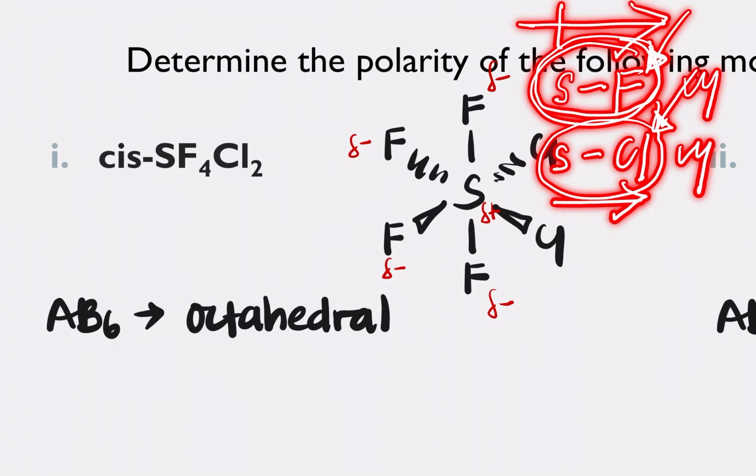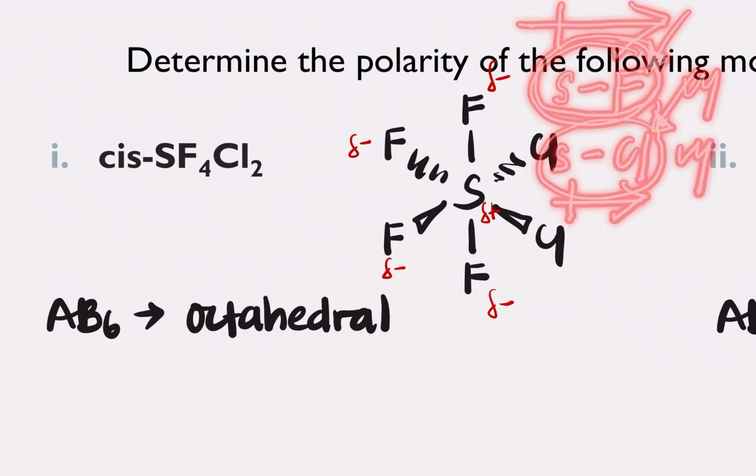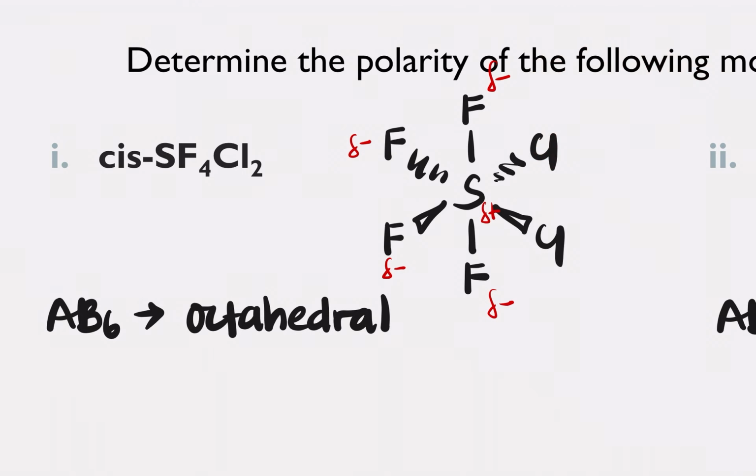So the size of your arrow will be different, since they are different bonds. Okay, so please take note of that. Right, so ini saya letak delta negatif dia kecil sikit, supaya awak ingat yang chlorine is less electronegative than fluorine.